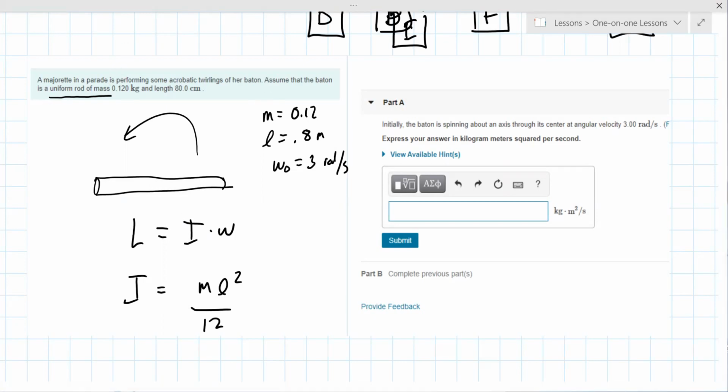Now, what I'm not seeing here is that we want the rod about an axis passing through something else. Let me look at the picture again. It's not this simple.